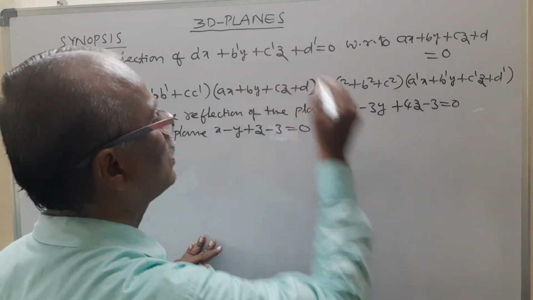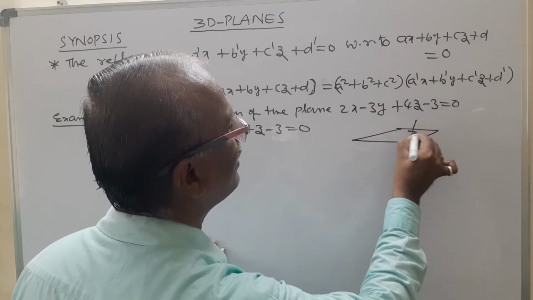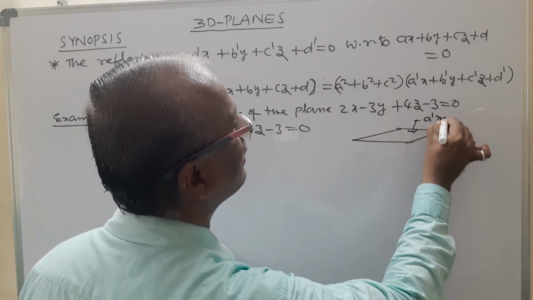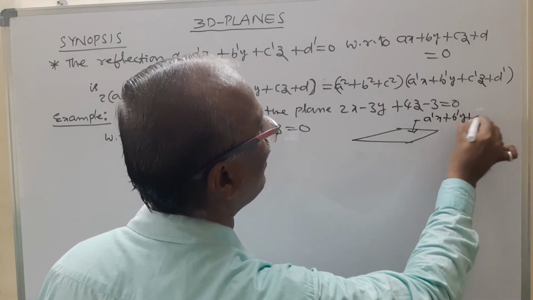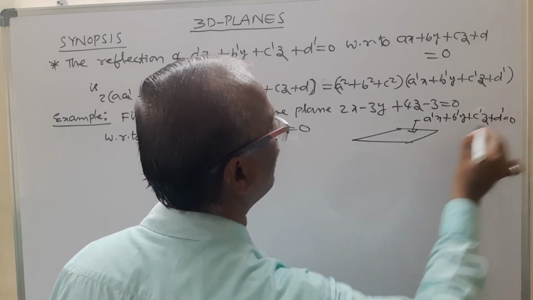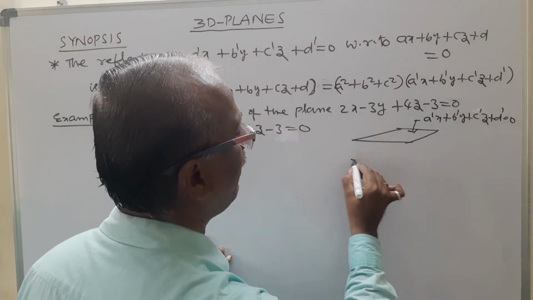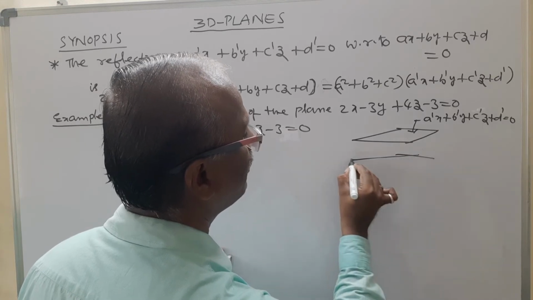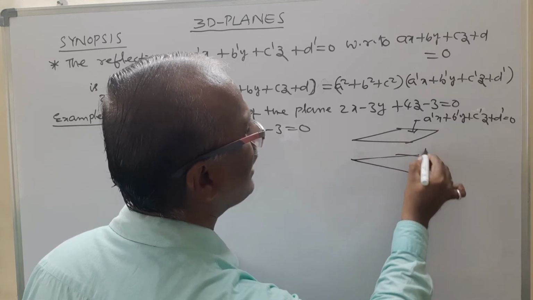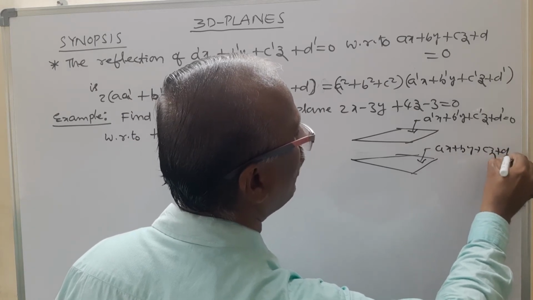Here this is the first plane. The plane equation is given a dash x plus b dash y plus c dash z plus d dash equal to 0, with respect to the given plane ax plus by plus cz plus d equal to 0.